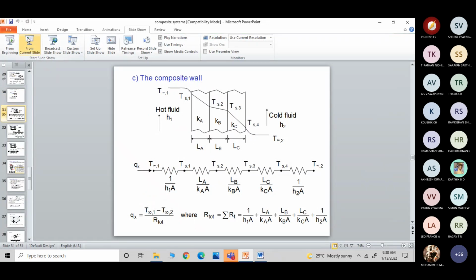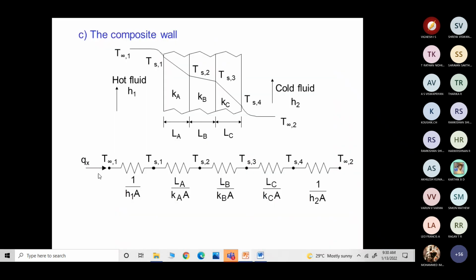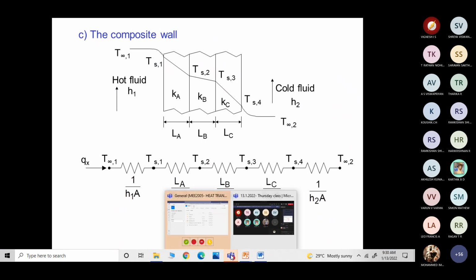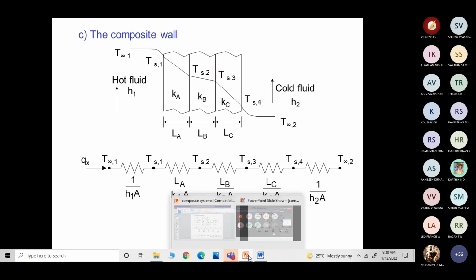We have to refer to this diagram, and the total resistance should be like this.